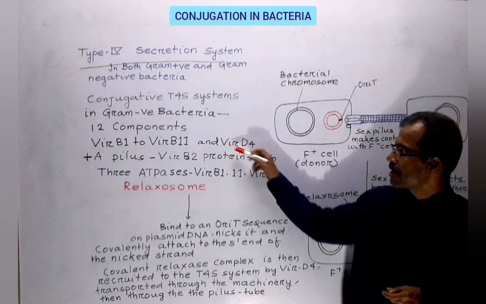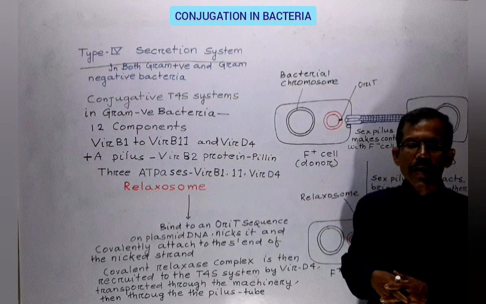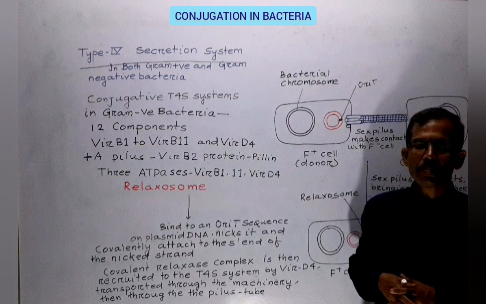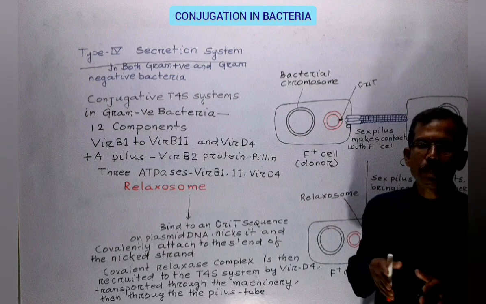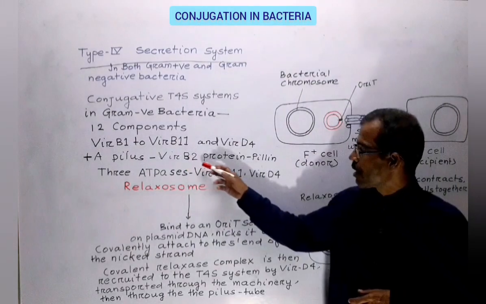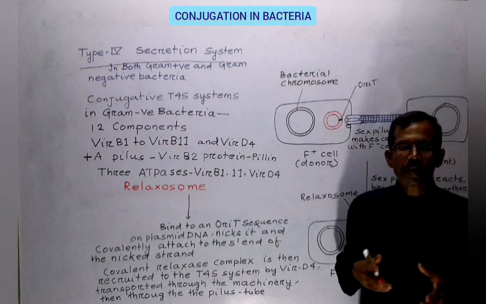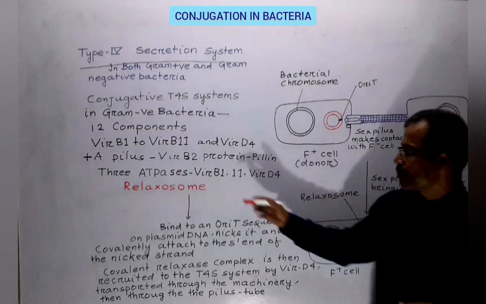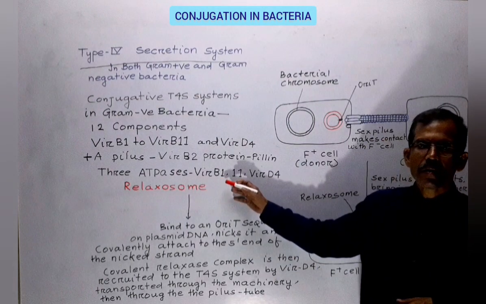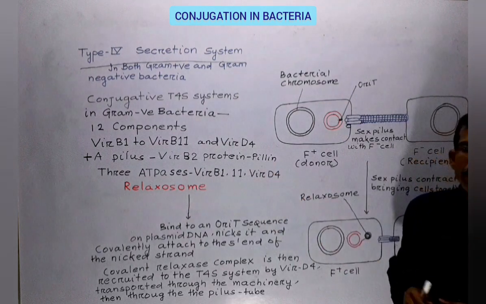VIR-D4 acts as the coupling factor. In addition to this, the type 4 secretion system also contains an F pilus that is composed of VIR-B2 protein, also known as pilin. Three ATPases, VIR-B1, VIR-B11 and VIR-D4, power the system.